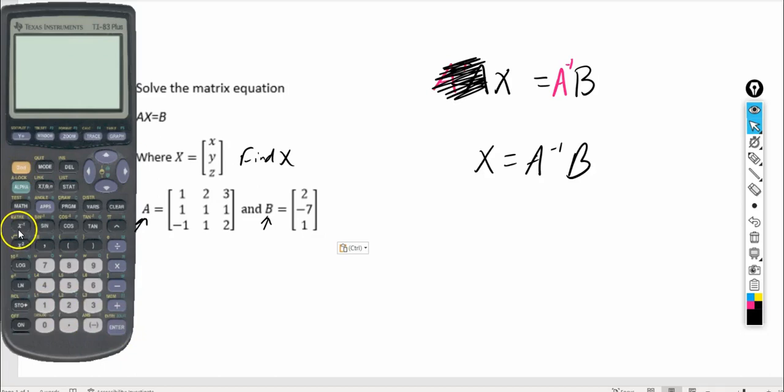And I'm just going to get back in. Okay, that's looking good. Now get in and go to the editor and scroll down to B. And B is a 3 by 1. And we're going to have 2, -7, 1.